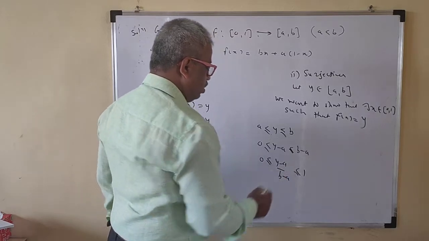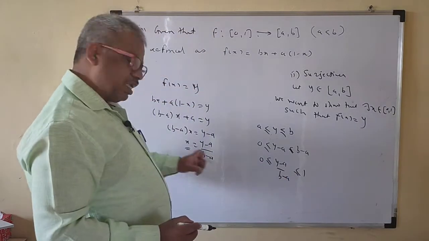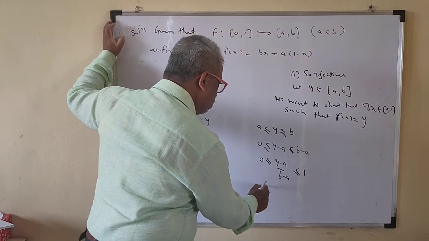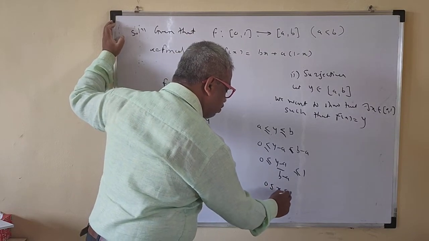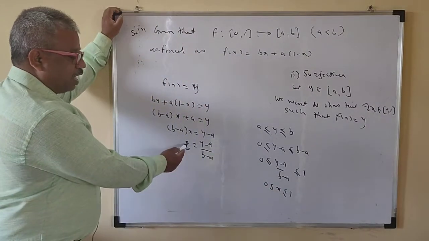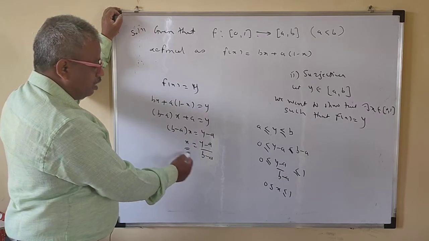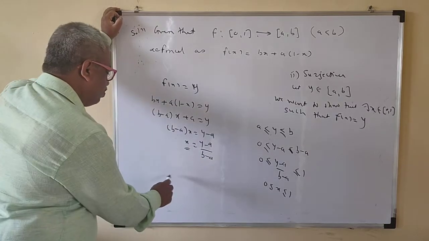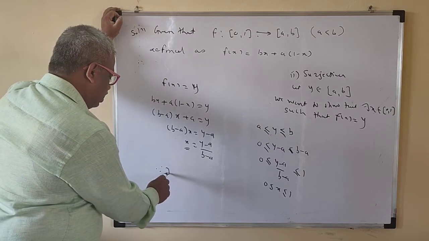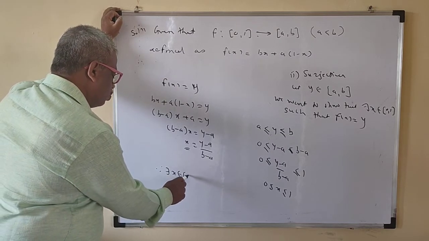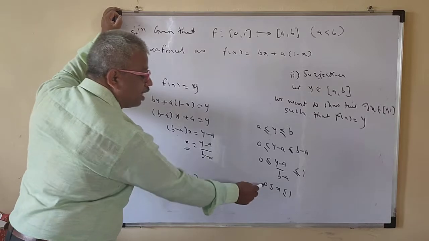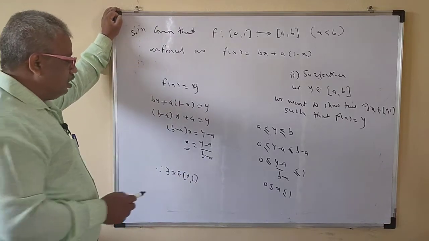So closed interval. Now y minus a upon b minus a is x, so 0 less than or equal to x less than or equal to 1. So I proved that this is well defined. No problem for this one, right? Therefore there exists x belonging to the closed interval 0 1. We have proved that x is in the closed interval 0 1.